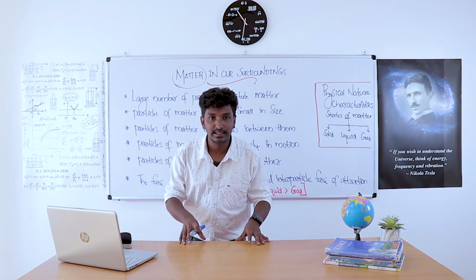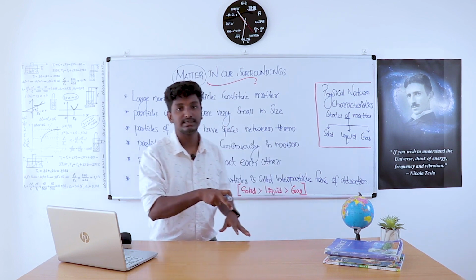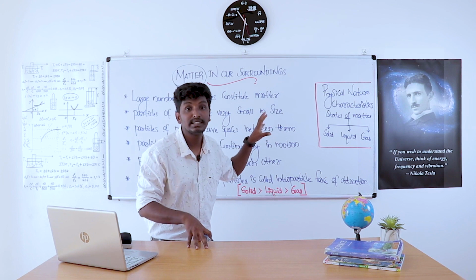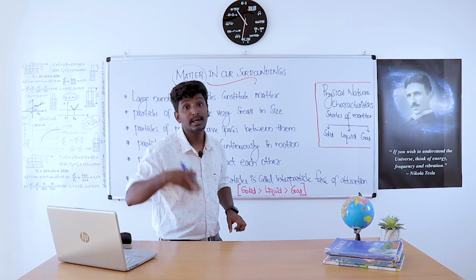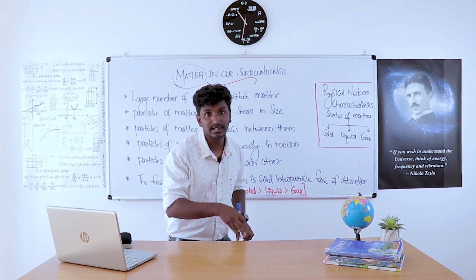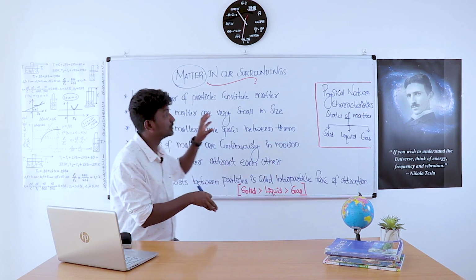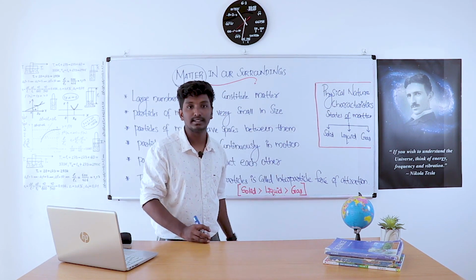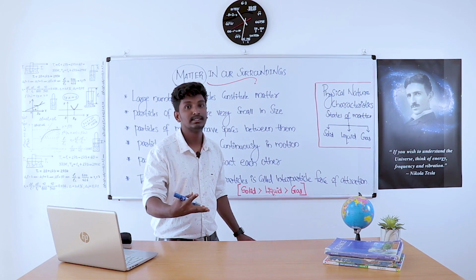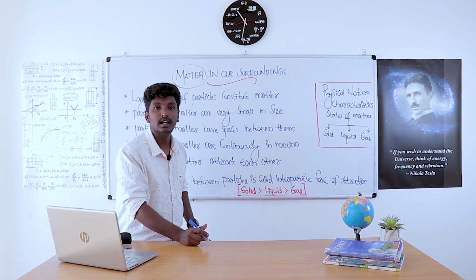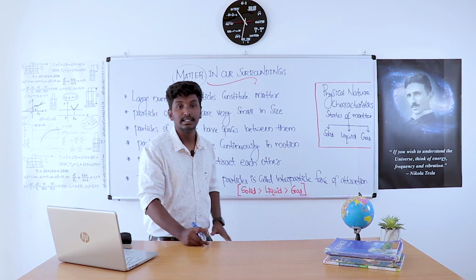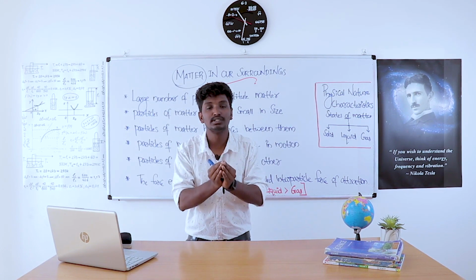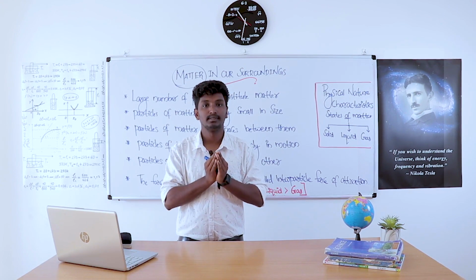Okay, now it's clear. Now we are going to discuss the characteristics of particles of matter. Particles of matter have several characteristics. We can go through them. A large number of particles constitute matter. I already told you that matter consists of a large number of particles, which together constitute matter.